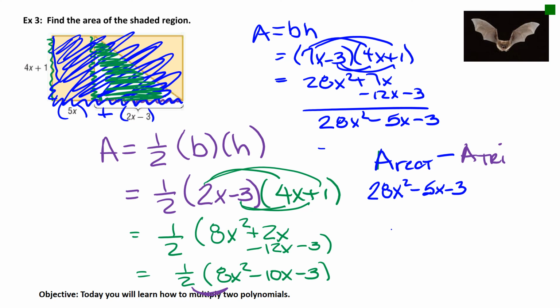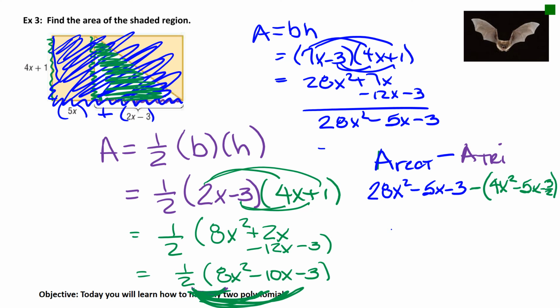The triangle, I got to take 1/2, that was supposed to change to green. Oh, I'm so bad at this. 1/2 times 8x, so I'm going to put a minus. That's going to be 4x squared. I'm going to take 1/2 times -10. That's going to be minus 5x. I'm going to take 1/2 times -3. That's -3/2. We'll fix that in a minute, okay?